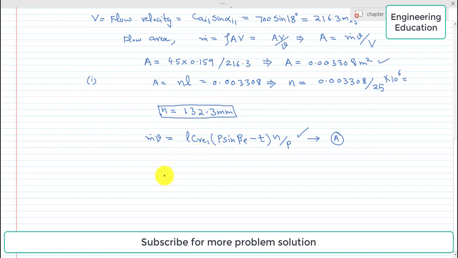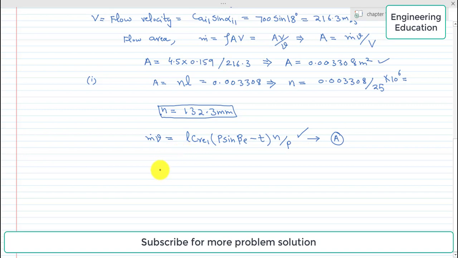So if we are interested to find the blade exit height for first row, this L will be replaced by L1. For fixed row it will be LF, and for second row it will be L2.